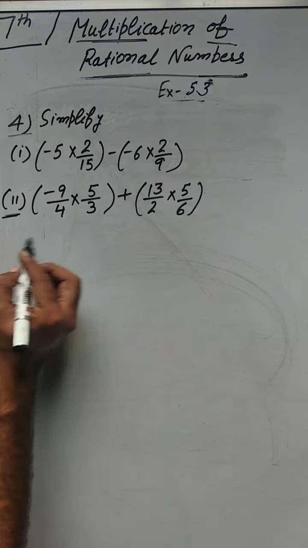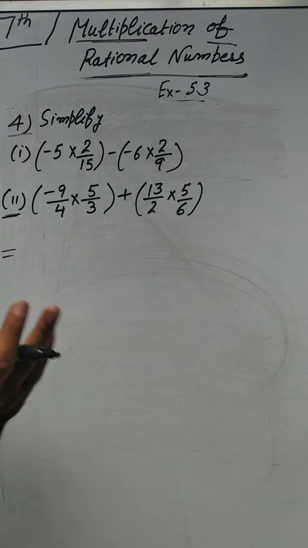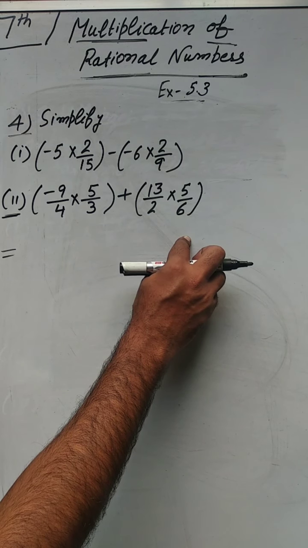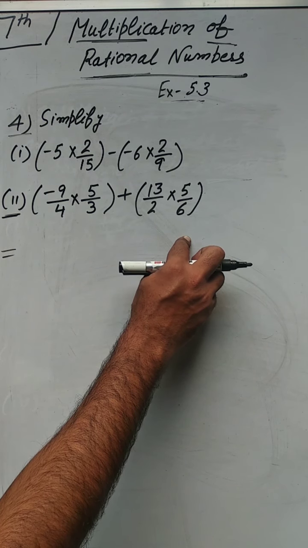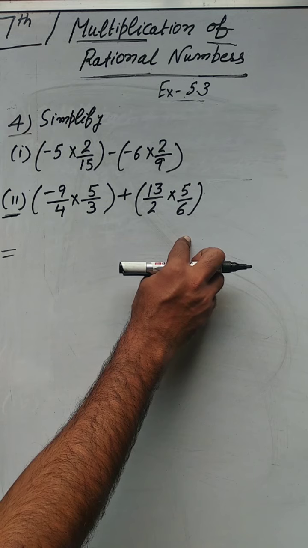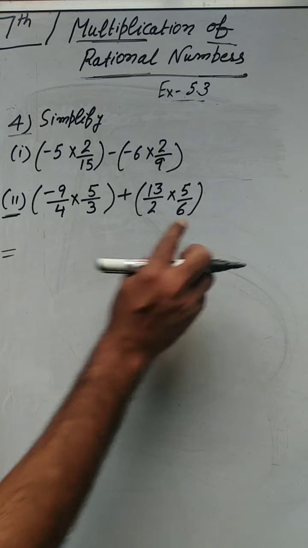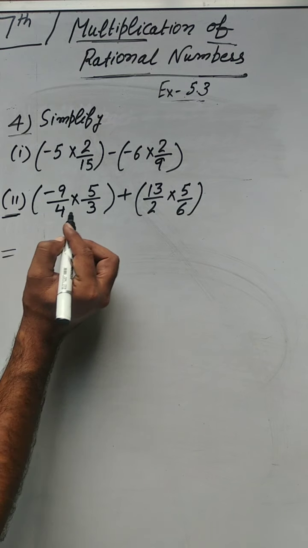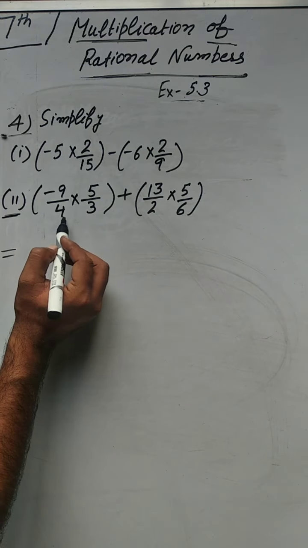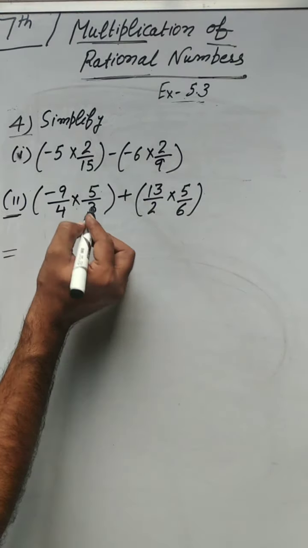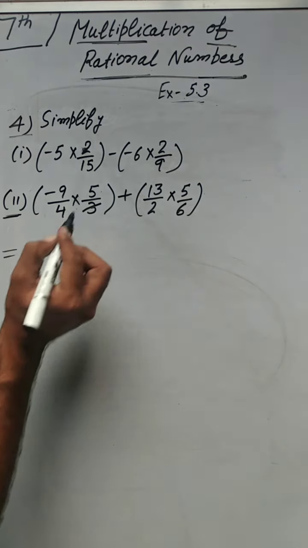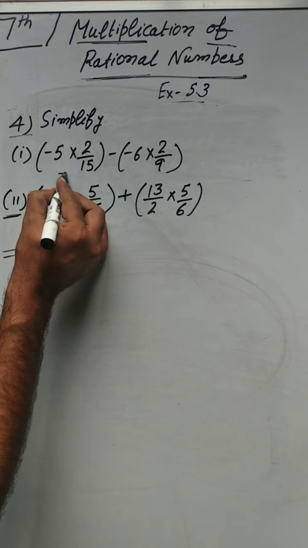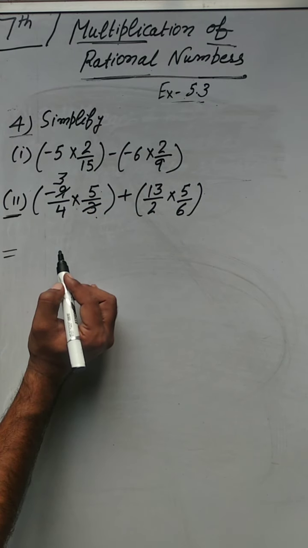Look here in part second, you know very well, whenever there is more than one operation, then according to the BODMAS rule we will solve the bracket first. And in the bracket, beta, look here, minus 9 upon 4 multiply 5 upon 3, cancel the common terms. 9 we can cancel with 3, 3 threes are 9. Understood, beta?